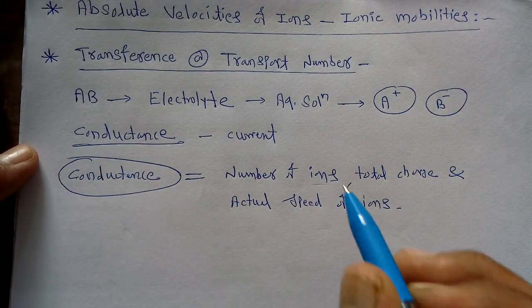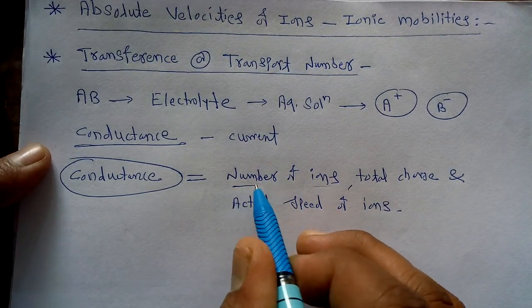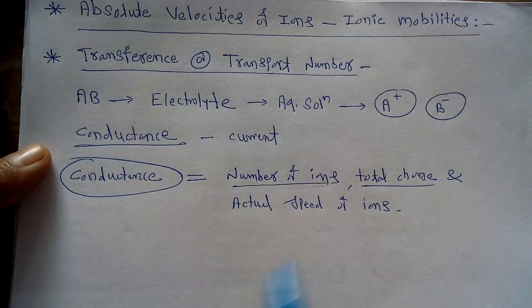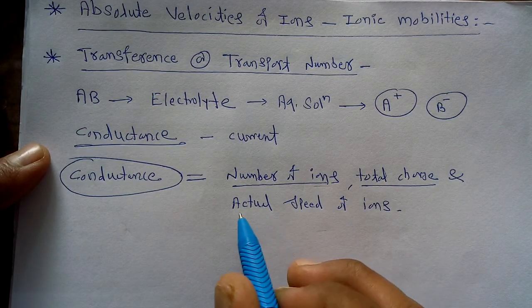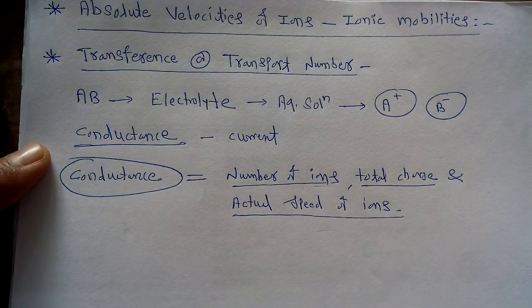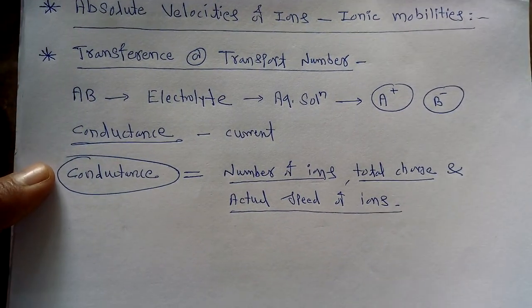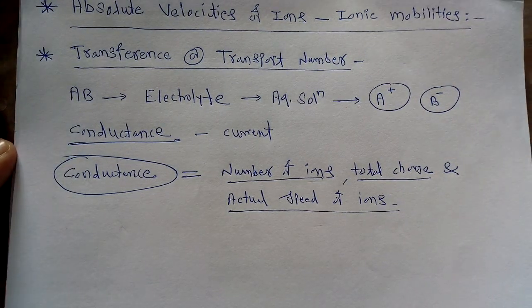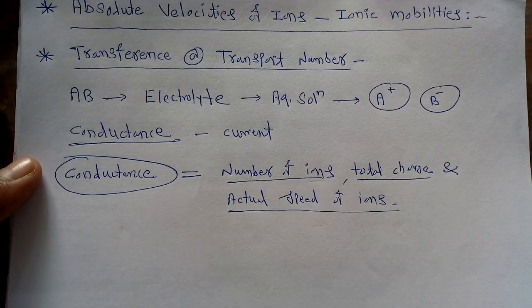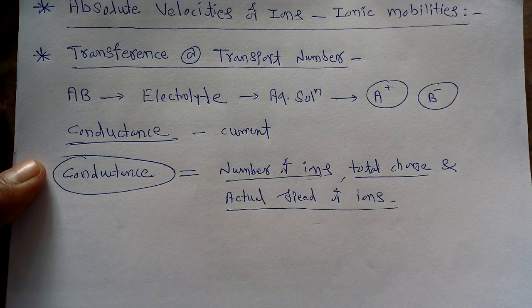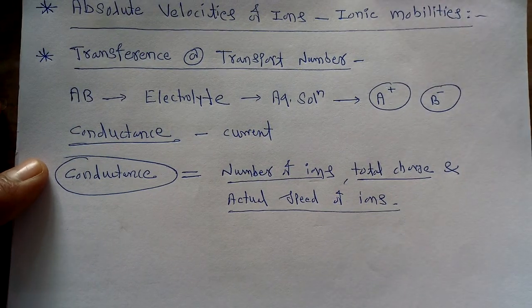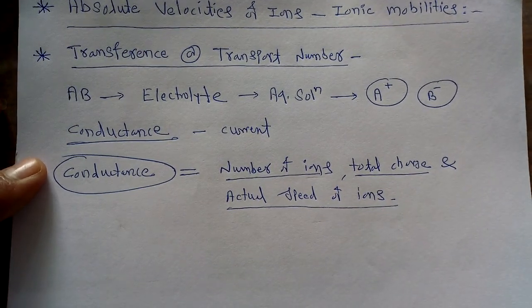What are those two important factors? First is the number of ions, their total charge, and the second is the actual speed of ions. These are the two important factors which affect the current carrying capacity of the electrolytic solution.